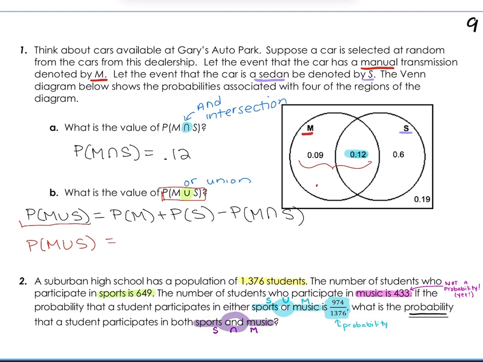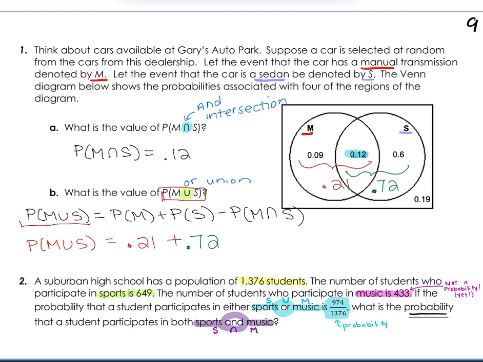So take a second, figure that out on your calculator. Plus the entire sedan circle is 0.12 plus 0.6. Again, I'm getting ahead of myself. This is what happens when you rush, so please learn from me. You get 0.72.